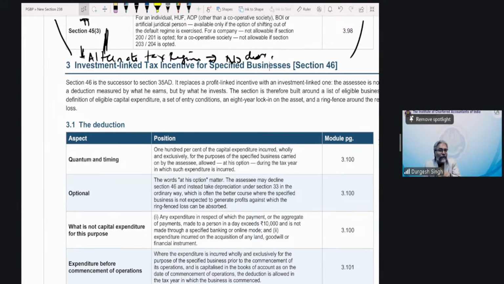For section 46 that we are doing over here, what did I tell you, students? In respect of 46, you have the deduction in respect of the specified business, and of that specified business, the eligible capital expenditure.